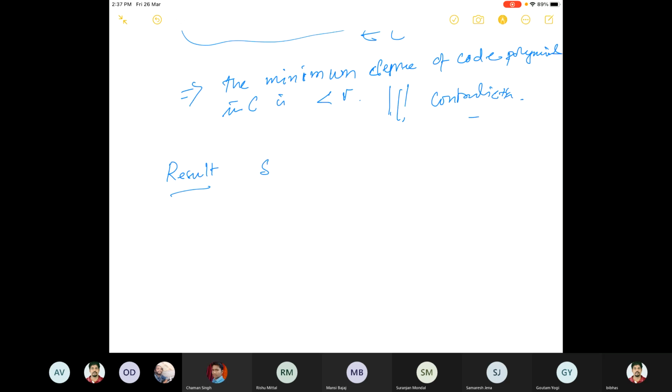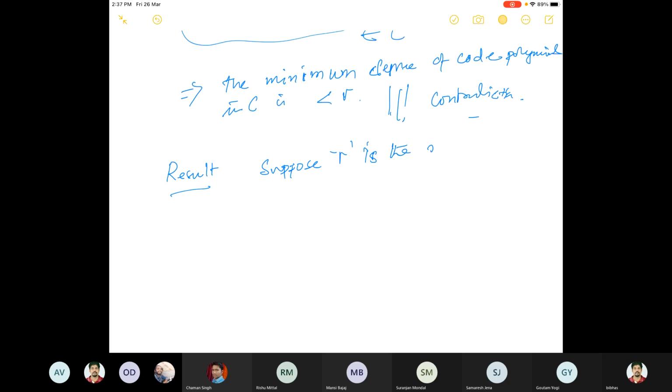So suppose r is the minimum degree. So whenever I am saying minimum degree, we are always assuming it is for a non-zero code polynomial. Okay.